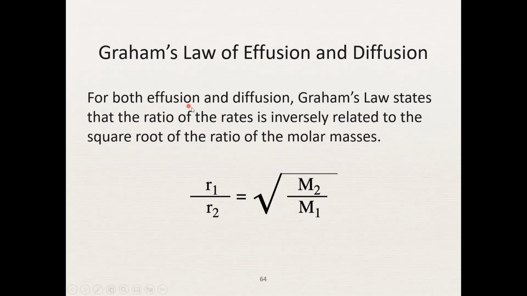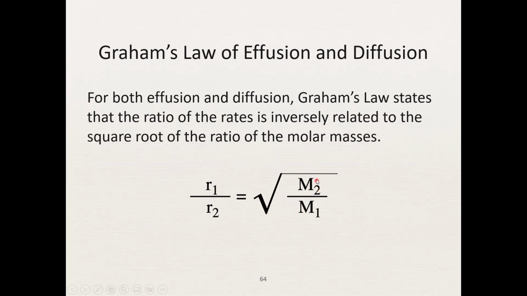But either way, we can calculate the rates of these by looking at the molar mass. So we can compare the rate of effusion or rate of diffusion for 2 gases. R1 and R2 are going to be the rates, so gas 1 and gas 2. And then on the opposite side, we'll have the square root of the molar masses of those substances, but we'll have them inverted. So we've got the molar mass of the second one over the molar mass of the first one.